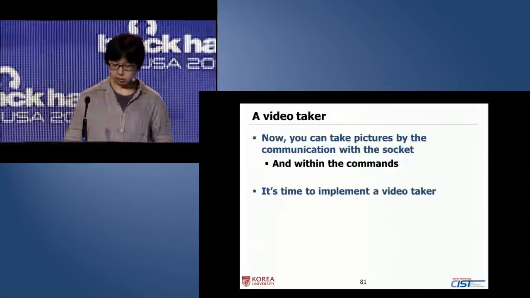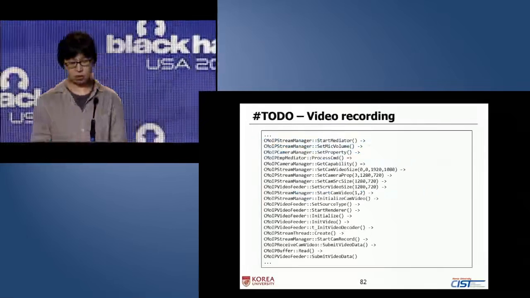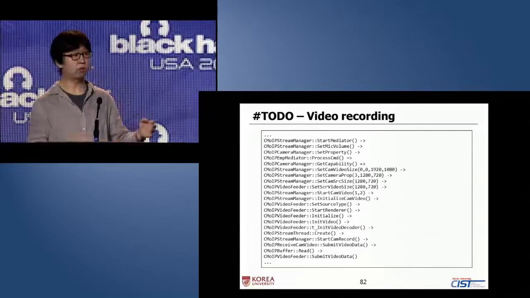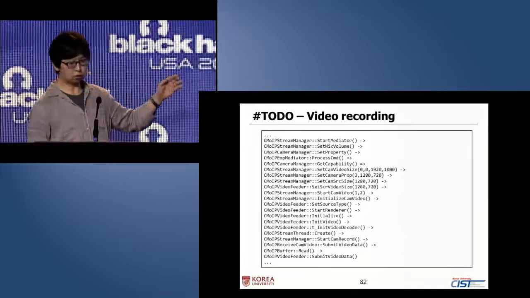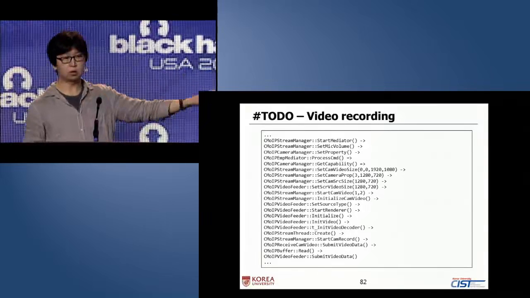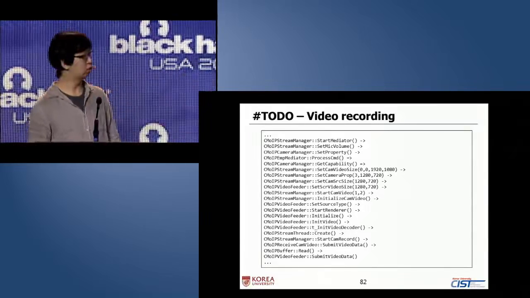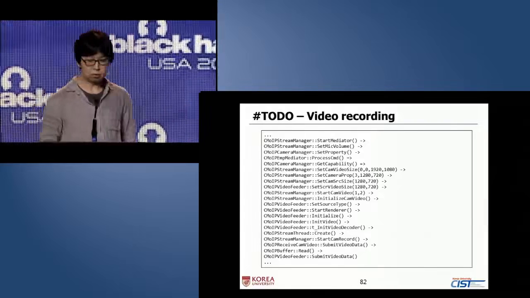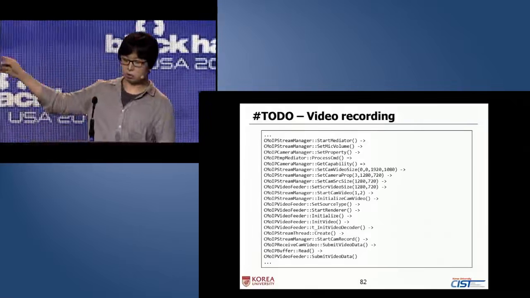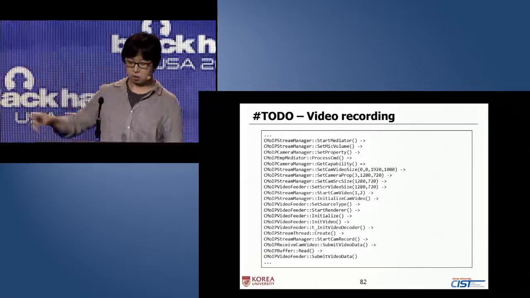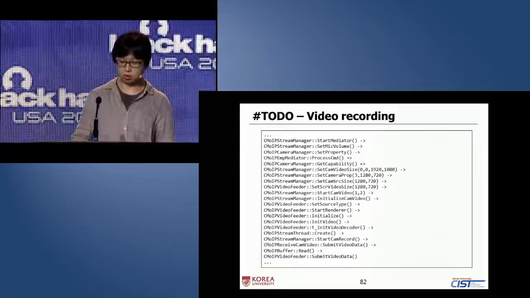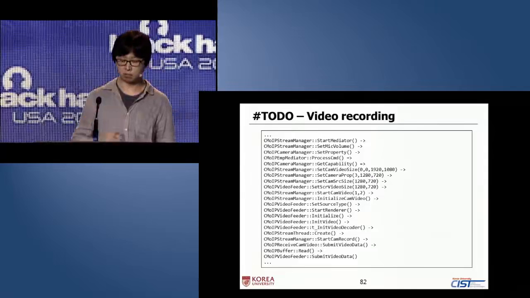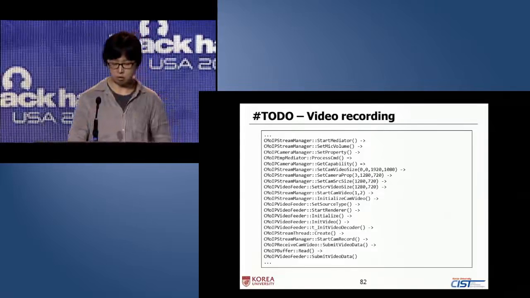To implement a video taker, I figured out that to take a video recording you have to call those functions. I did reverse engineering on almost the whole binary. If you set the resolution, you see the numbers, you do the setup stuff, and finally it will start to record using the camera.